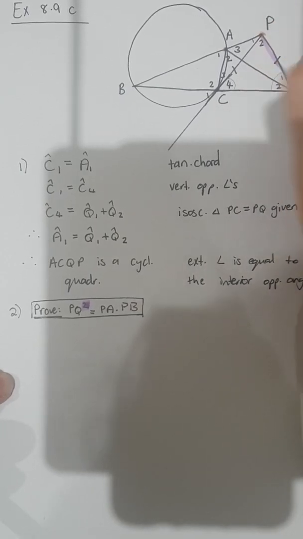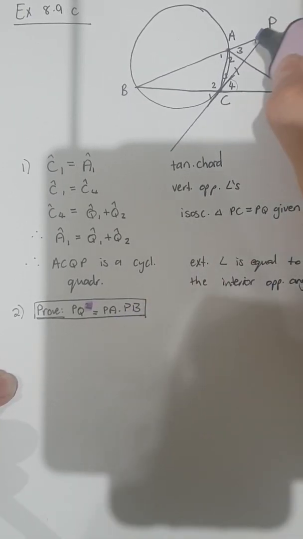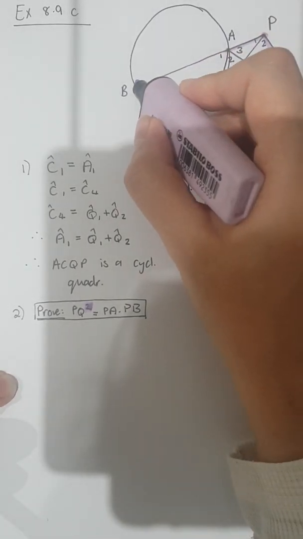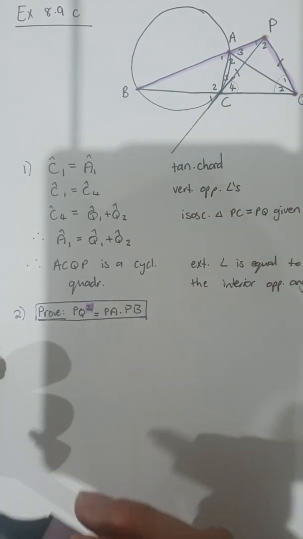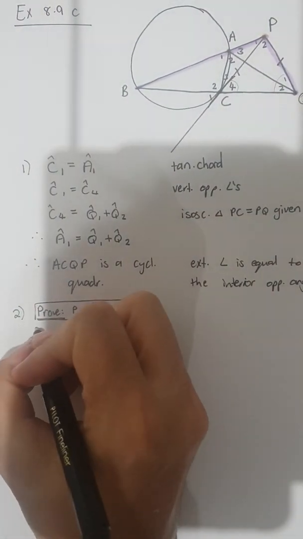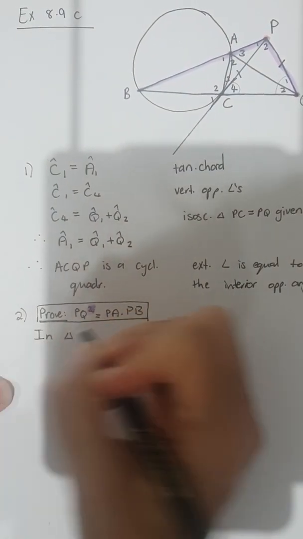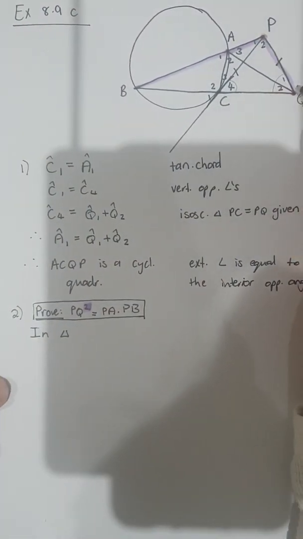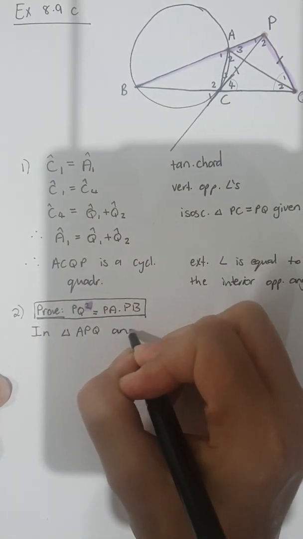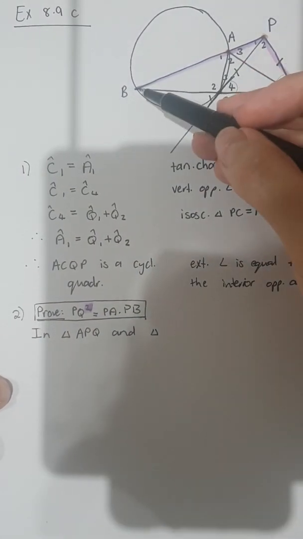So there's my PQ. Now I'm also looking for PA. PA is there. And then I'm also looking for BP, which is there. So I'm going to work in triangle APQ, and I'm going to work in triangle BPQ.